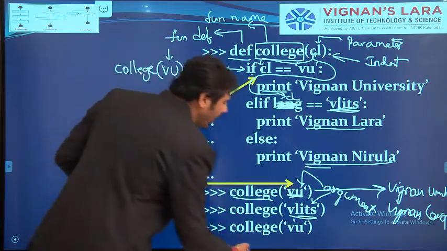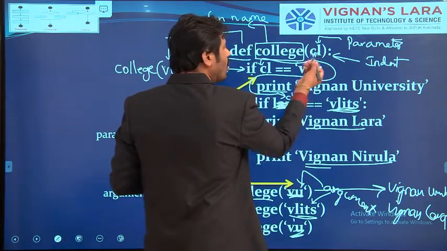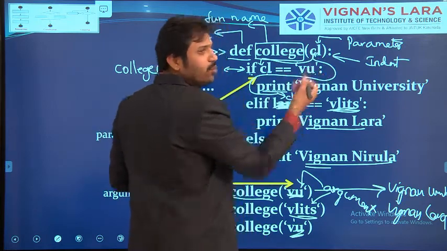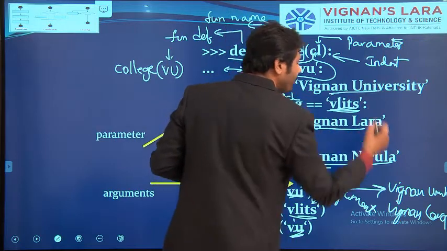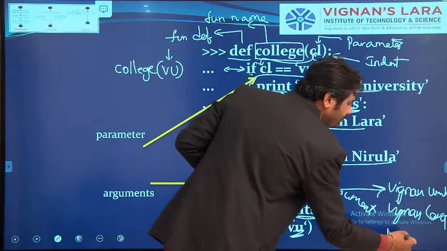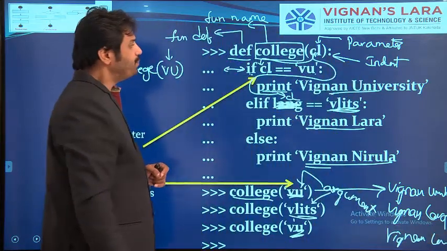Next, for the third time, college equals to VU. Again it is VU. So, if CL equals to VU, yes, it is true. It prints again Vignan University.